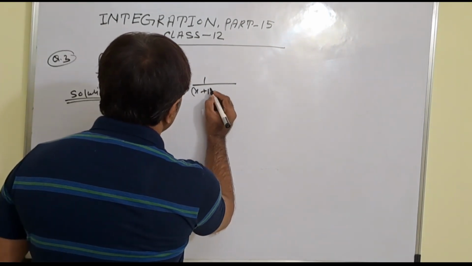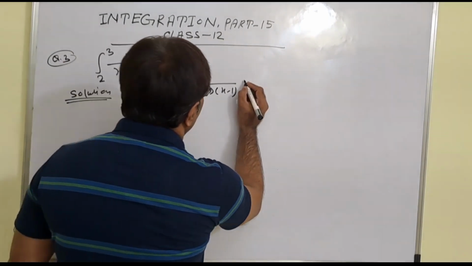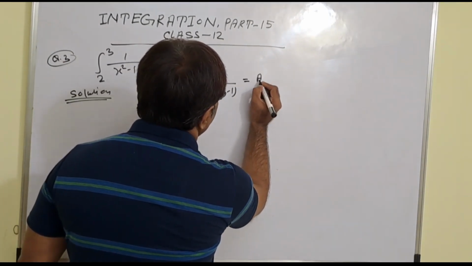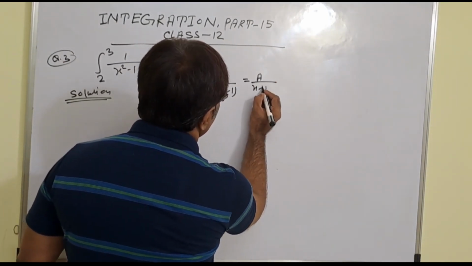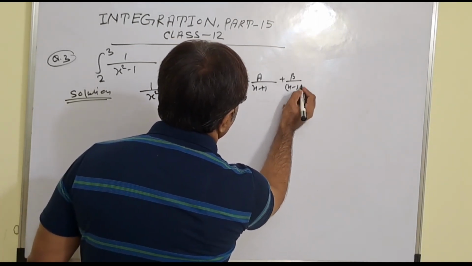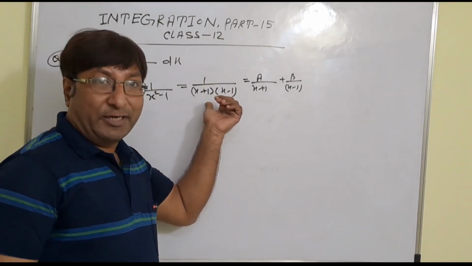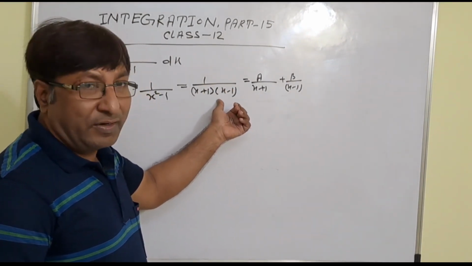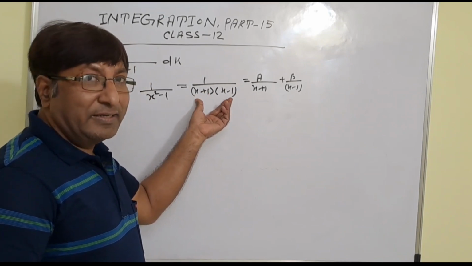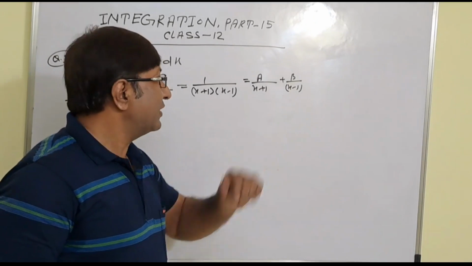Now this equals, just suppose, a upon x plus 1 plus b upon x minus 1. When you have this type of function, you just assume a upon x plus 1, b upon x minus 1.